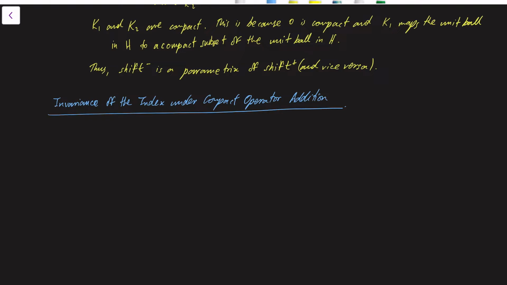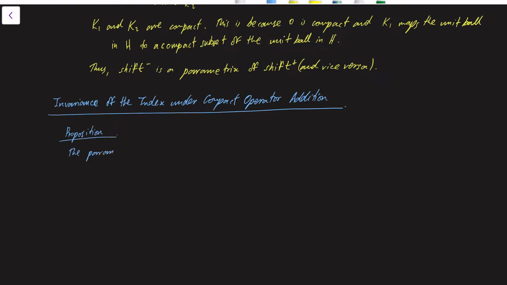It's invariant under addition of compact operators. This time we'll see that for any Fredholm operator, the addition of compact operators gives us an invariant index. It doesn't change the index at all. We begin with a proposition to get to this claim.